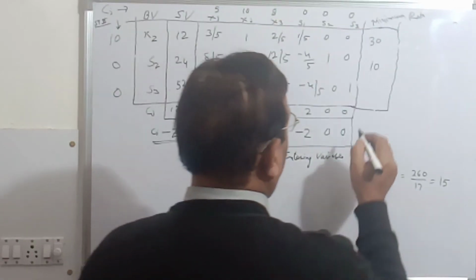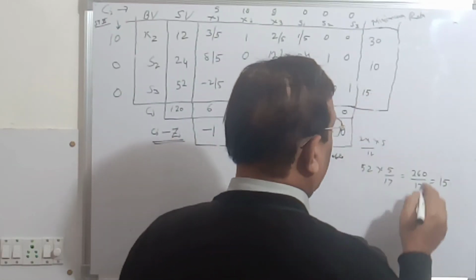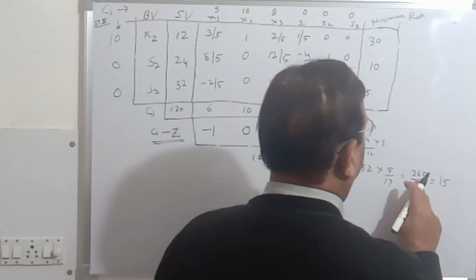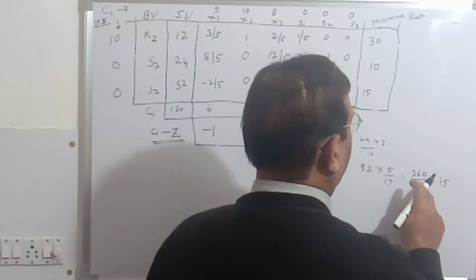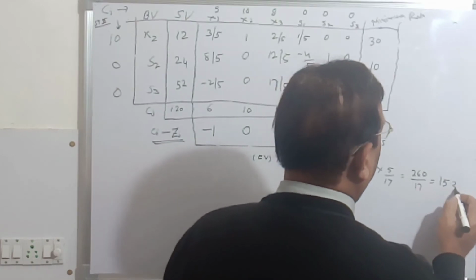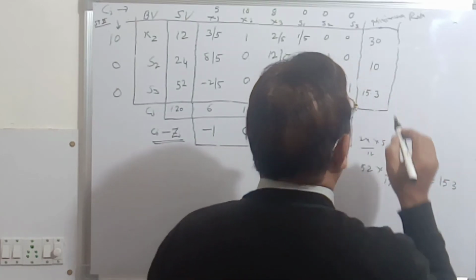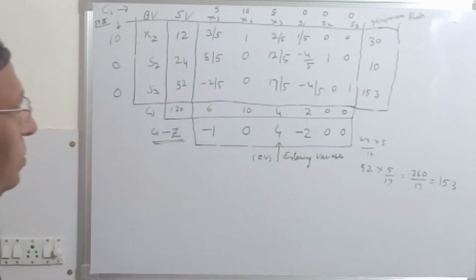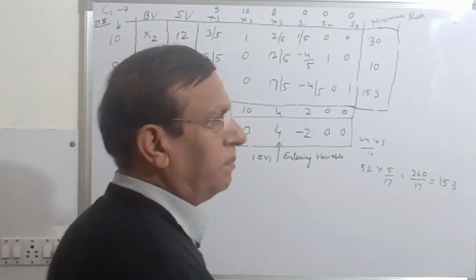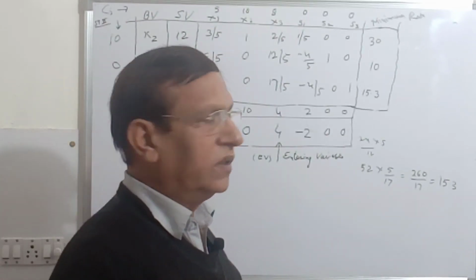15 point something. It is 15.3. Now the minimum ratio. The minimum positive, no negative, no infinity.